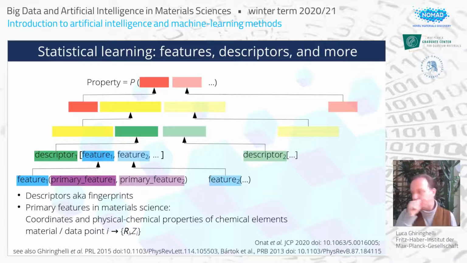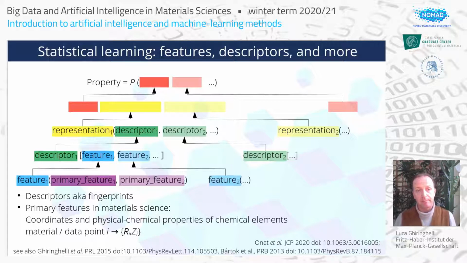In turn, this descriptor builds the so-called representation. So typically this step is done inside the machine learning algorithm, so it is beyond the intervention of the user. But not all algorithms explicitly build a representation out of the input descriptor.